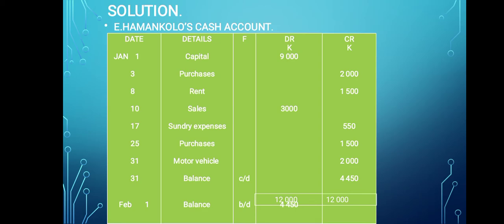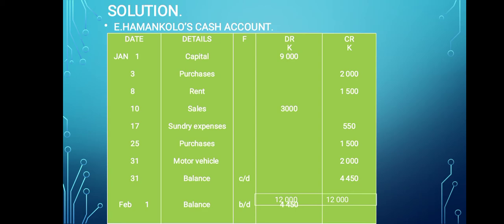Now, what do you do with that 9,000? 9,000 is your capital. You are going to debit it. Now, you remember what we said about what to debit. What you receive for the business is what you debit. It could be cash, it could be a check. On the 3rd, we are told we had purchases. Purchases of how much? 2,000. What do we do with the 2,000? You credit. Why are we crediting the 2,000?